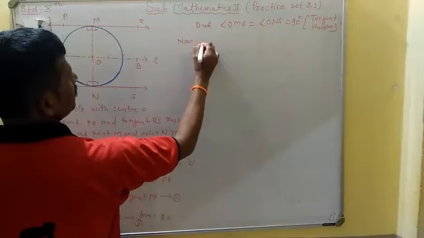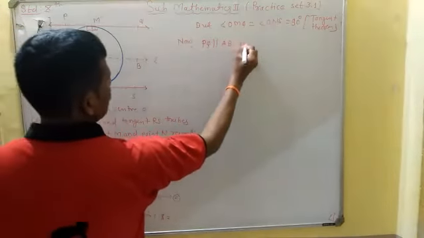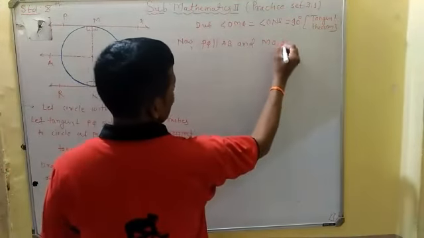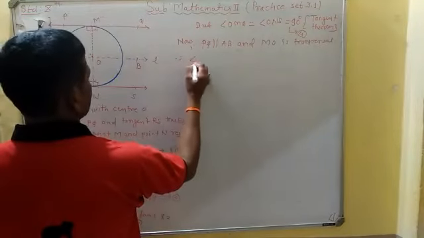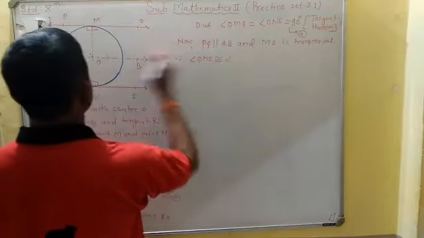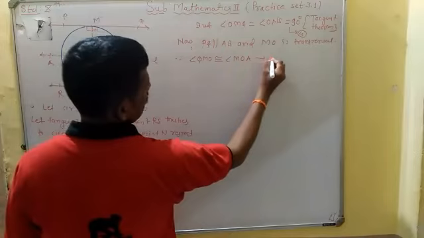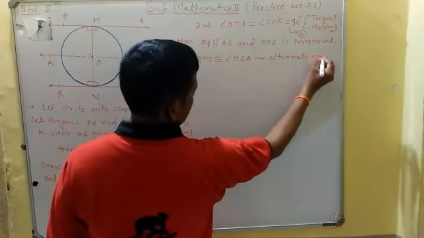Now PQ is parallel to AB and MO is a transversal. Therefore, angle QMO is congruent with angle MOA because they are alternate angles.